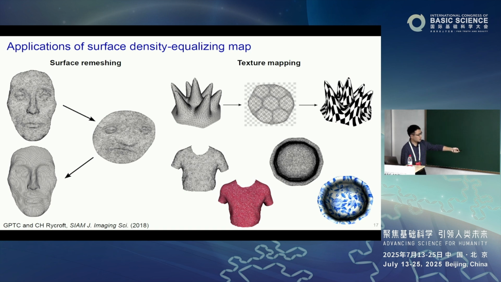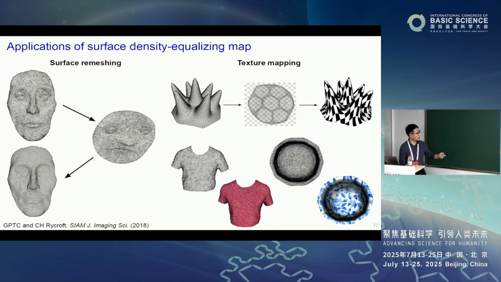So in that case, if we just do a uniform triangulation on this final result, then you will see that there are more triangles in the nose region. And from that, after you apply the inverse mapping, you will be getting denser triangulation here. So that's a very flexible effect that we can achieve using the density equalizing map for surface remeshing.